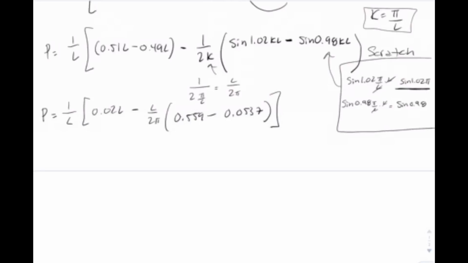So we can go ahead and further do the math. We should have P equals, if we distribute the 1 over L here, we'll have 0.02 minus L over 2 pi. And then the 0.59 minus the 0.0537 will be 0.5053.